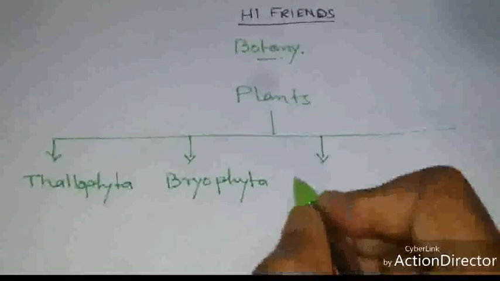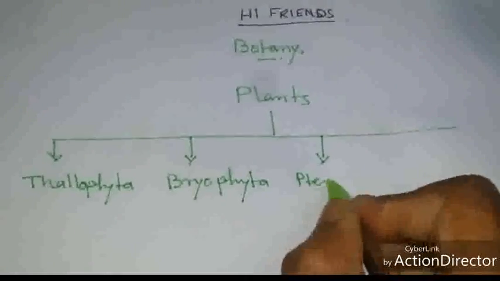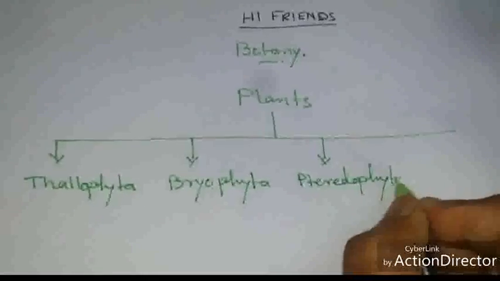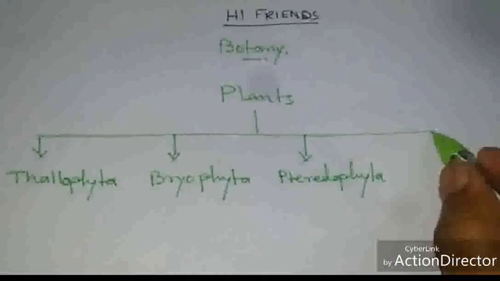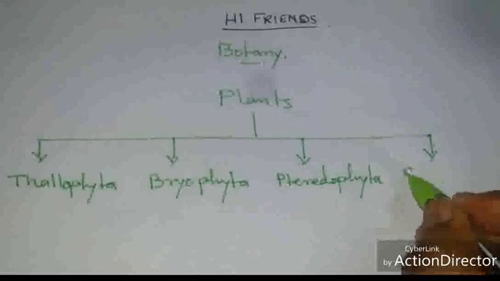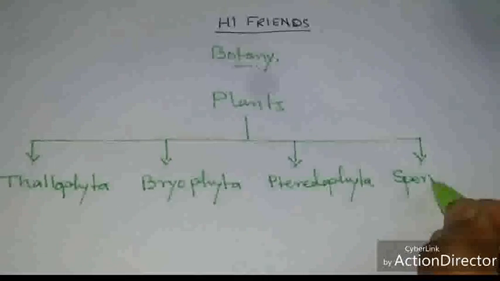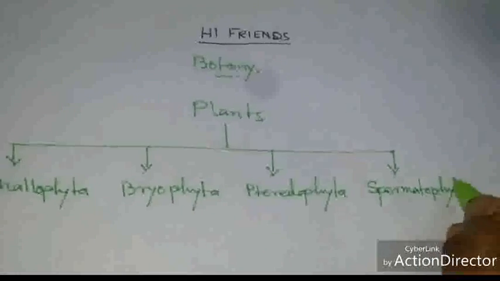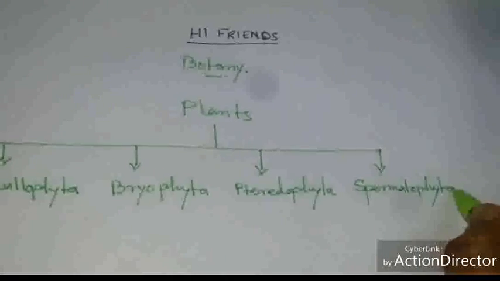Number 3, Pteridophyta. And number 4, which is Spermatophyta, or also called angiosperm.